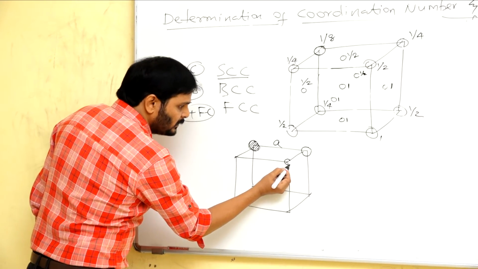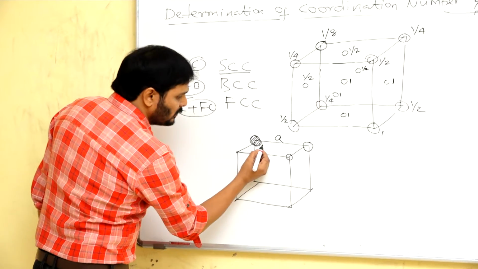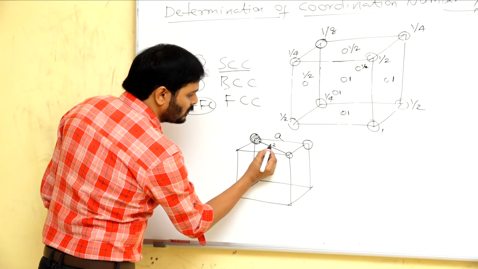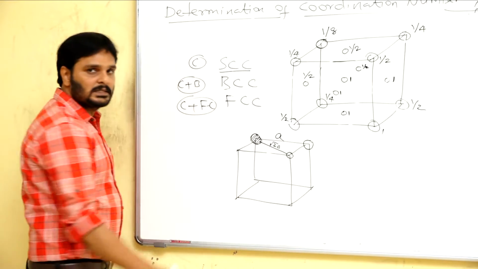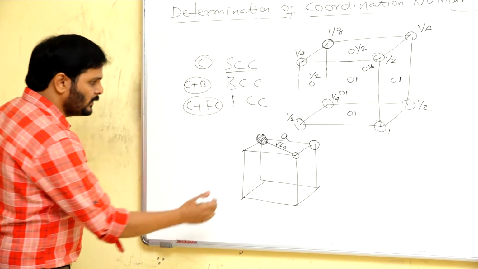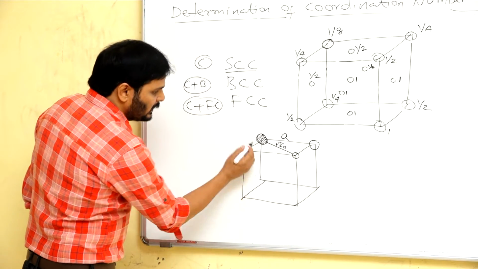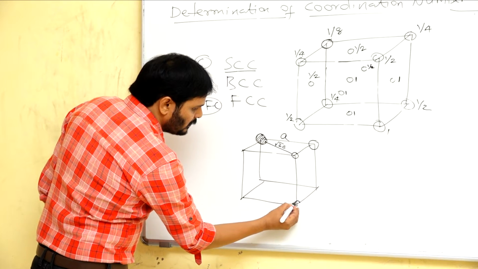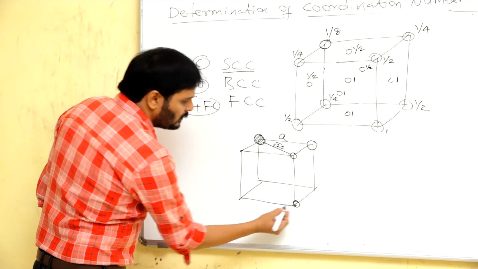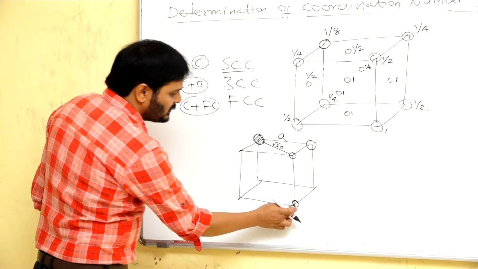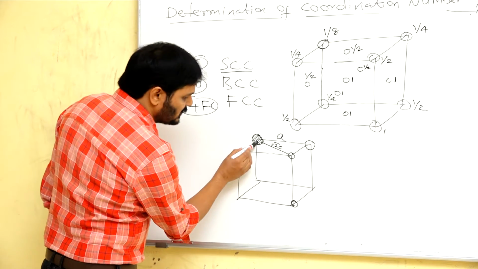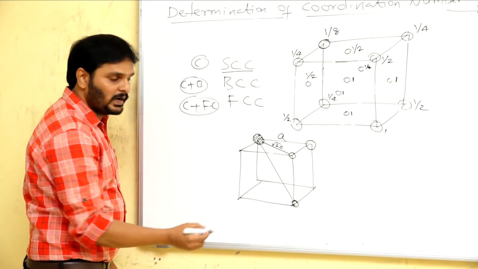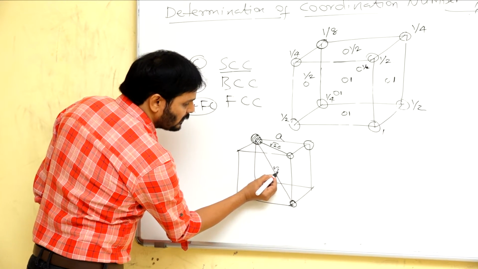And this is an atom separated with the distance root 2 a, since it is a face diagonal. And this is an atom separated with the distance root 3 a, known as the body diagonal.